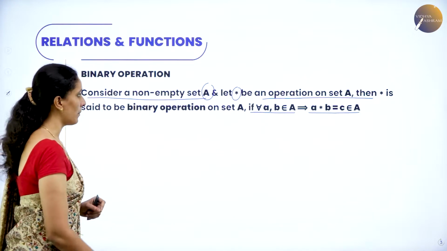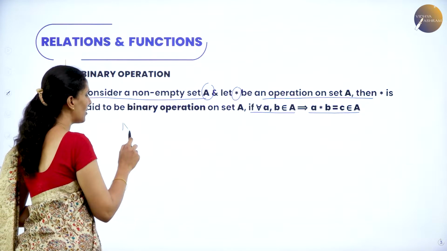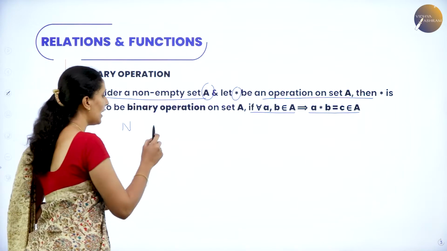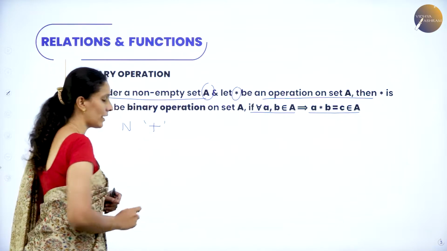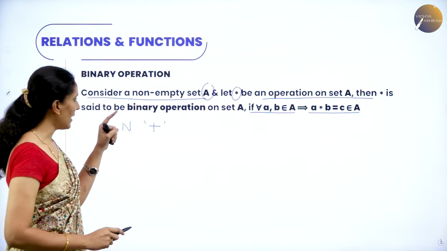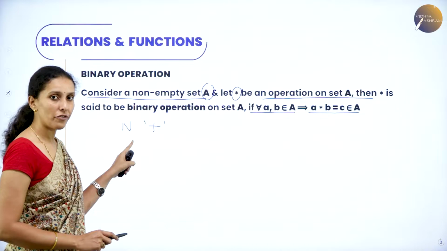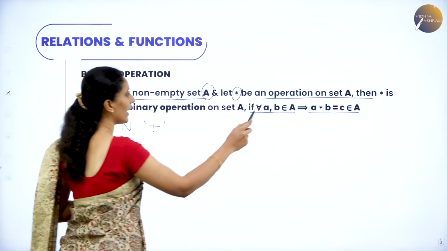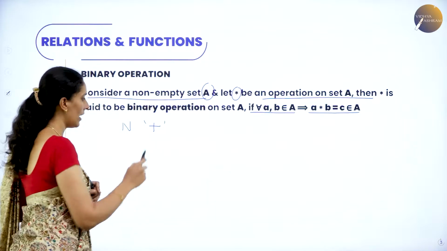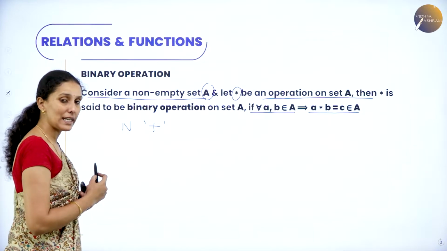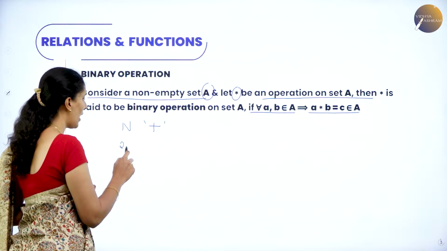I'll take an example. Suppose N is the set of natural numbers and let me take plus as the binary operation on that set, that is, on the set of natural numbers. Suppose I take any two elements from the set N. Let me take 2 and 3.